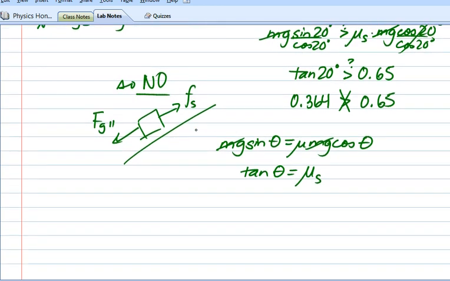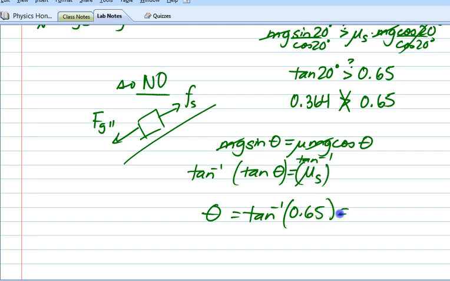In order to find the angle, we have to take the inverse tangent of each side. So the angle is equal to the inverse tangent of mu, which is 0.65. It turns out to be 33 degrees. So not until we get an angle of 33 degrees will it start to slide.